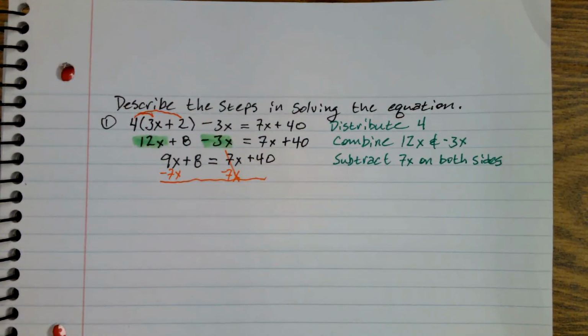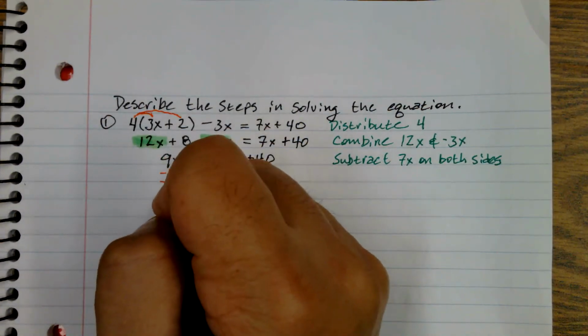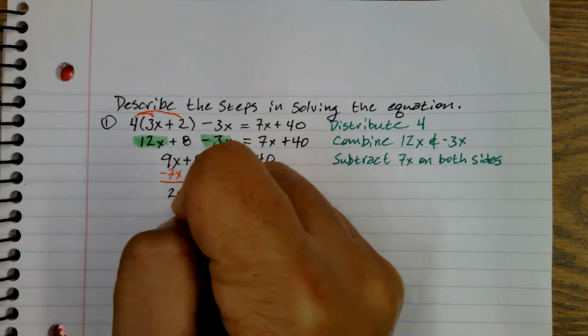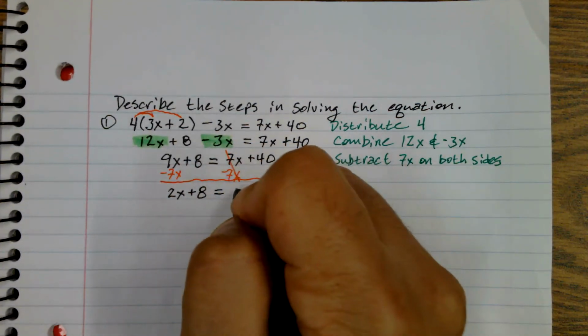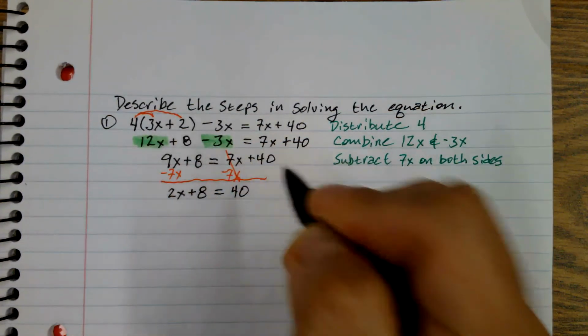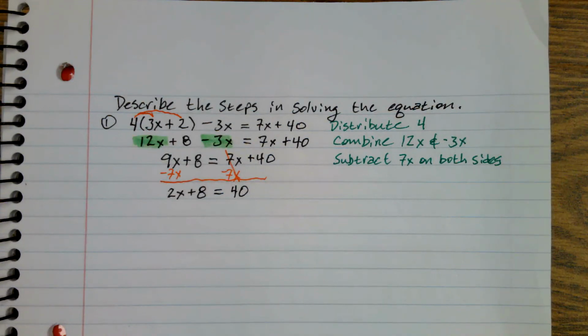Okay. Over here, 9 take away 7 is 2. 2x plus 8 equals 40. Okay, you with me so far?